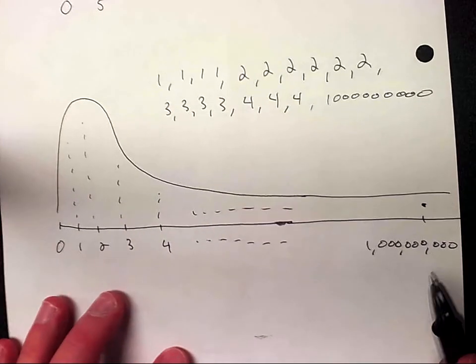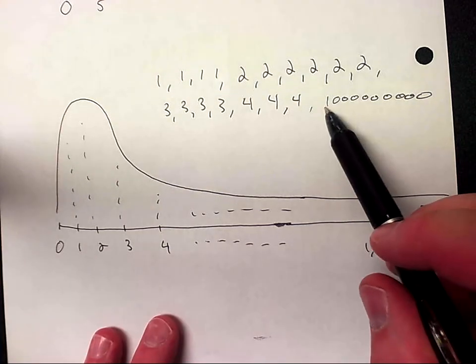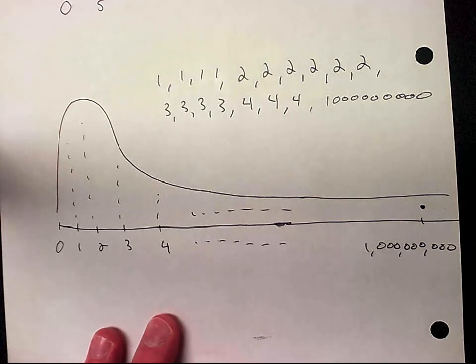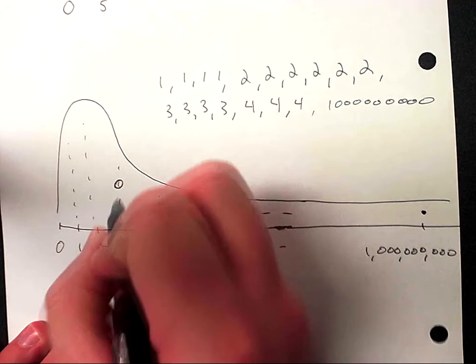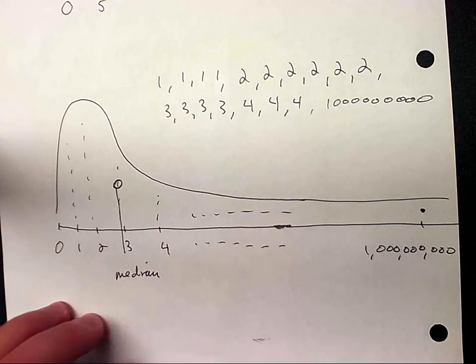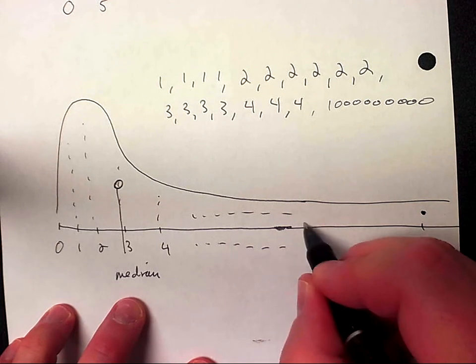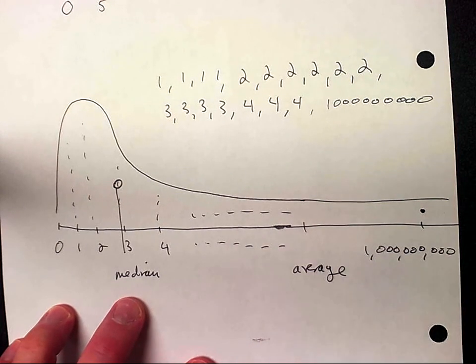Is everybody good with the fact that, first of all, this right here is a right-skewed distribution? Does everybody then agree that this one number all the way out here is going to explode your average? So you might identify this one right here as the median value, but because you have this one number over here, the average is going to be significantly higher.